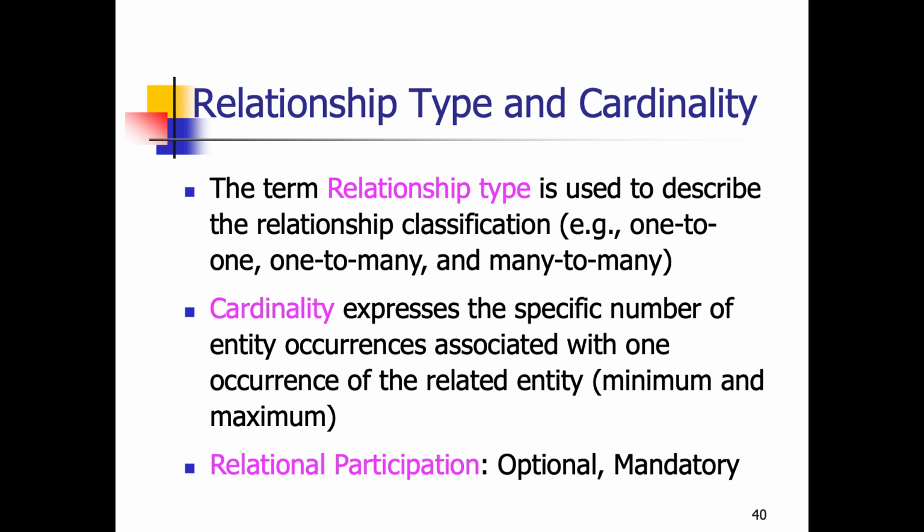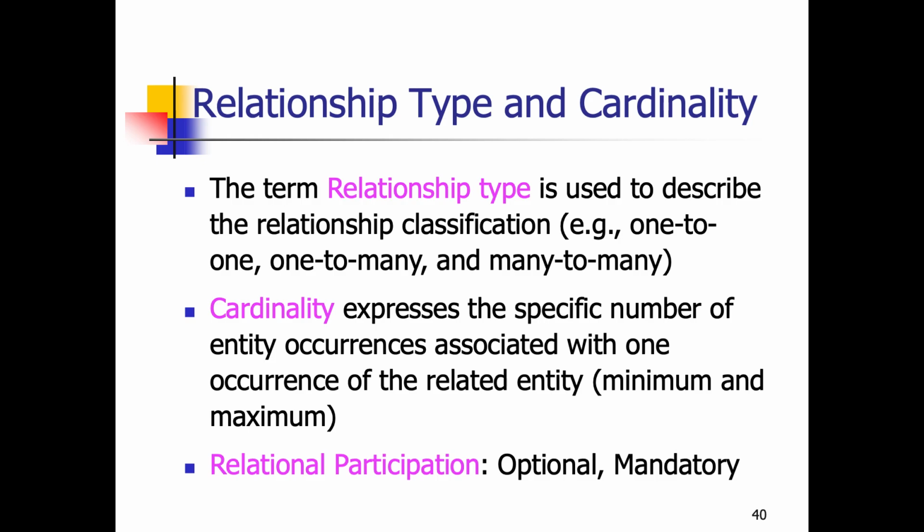But if it is optional, so we say a student either has no supervisor or just one supervisor, okay? It has one supervisor, but it can also have no supervisor. Then it is optional, which is shown by this oval. And the same is true for the many relationship.